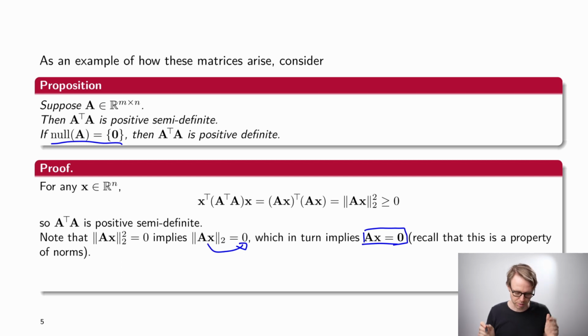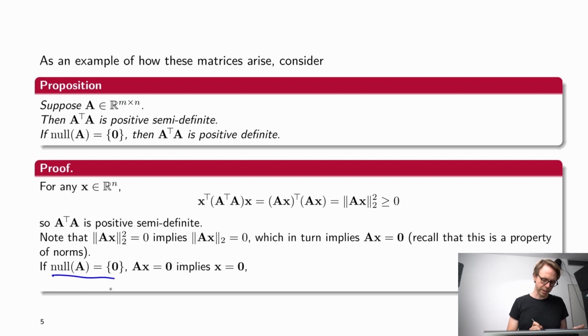Because, remember, the definition of positive definite is that for any non-zero x, the squared form in the matrix is larger than 0.